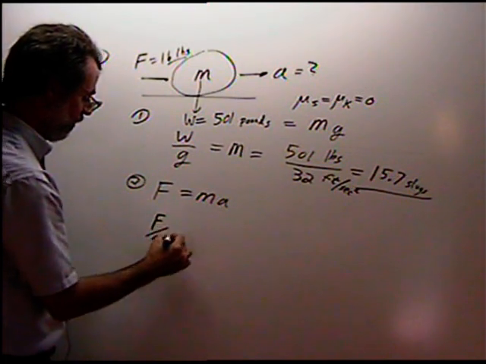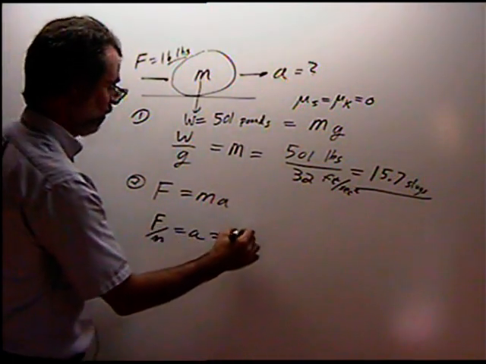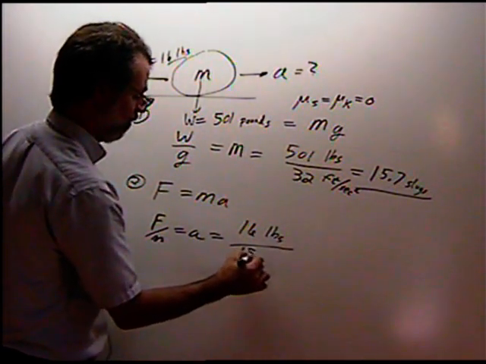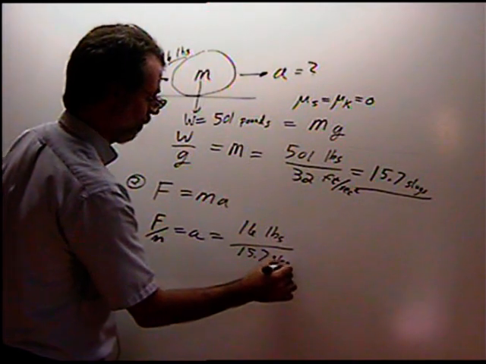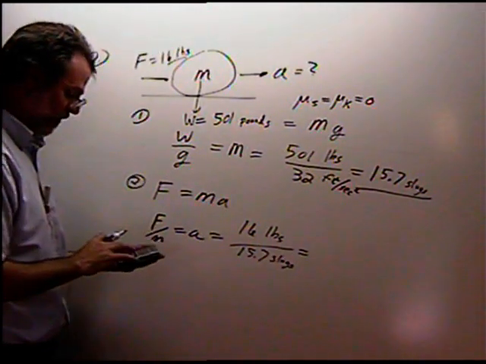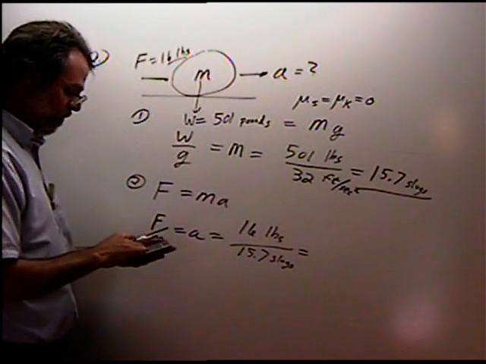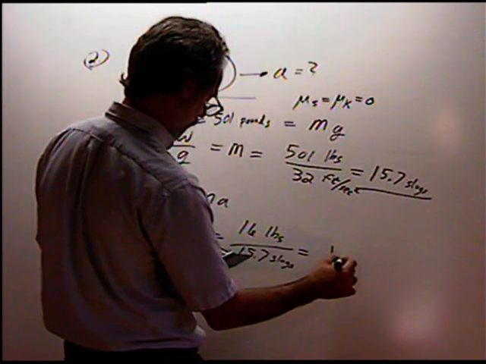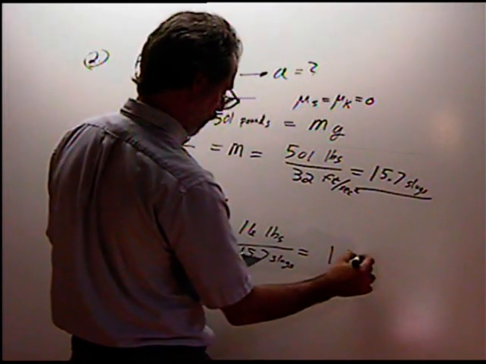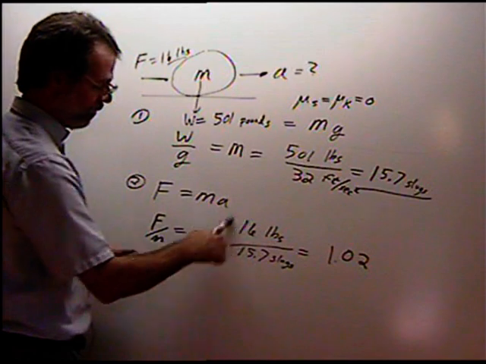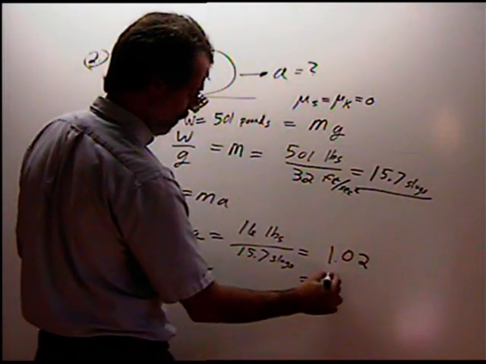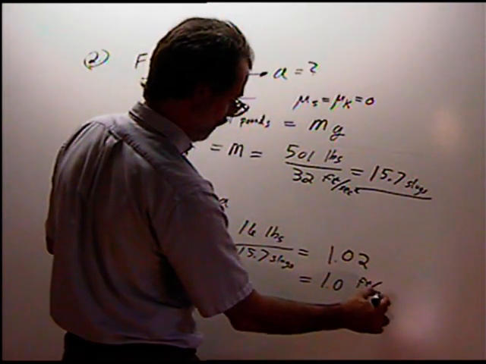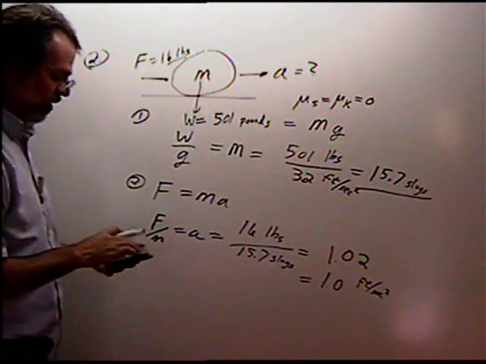Force divided by mass is the acceleration, which is 16 pounds divided by 15.7 slugs. 16 divided by 15.7 is 1.02, which we should round off to 2 significant figures, 1.0, and this will be feet per second squared, because we're in English units here.